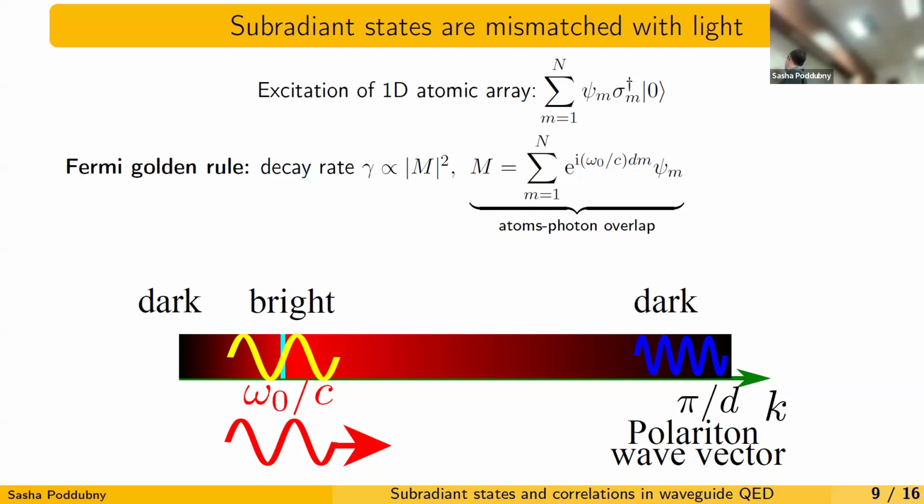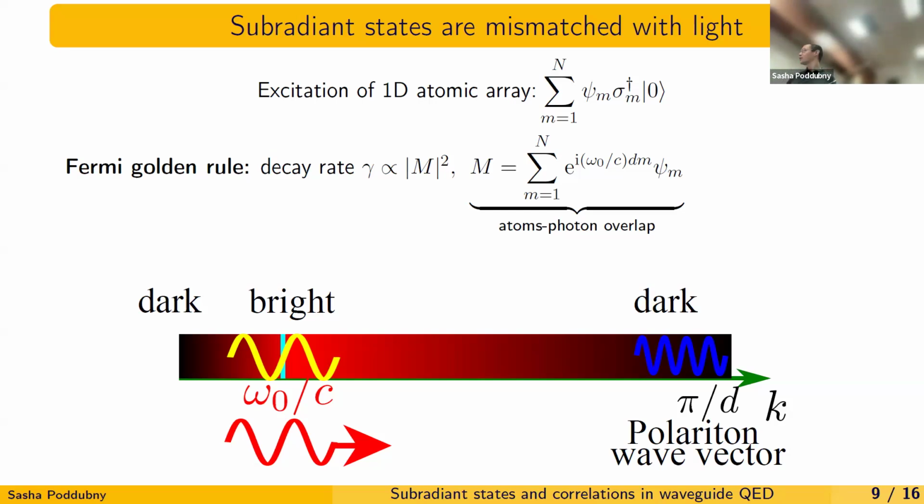So this is the same as lambda over 2 pi. So it's closely spaced atoms, so this thing is much smaller than the Brillouin zone. If my excitations are mismatched with light, they will not emit much light.